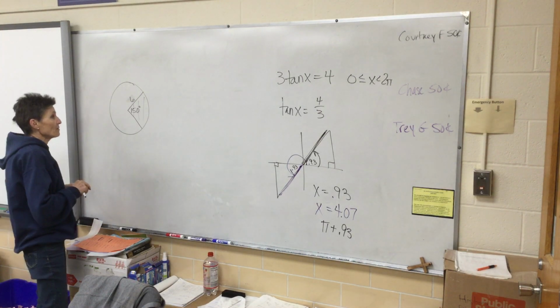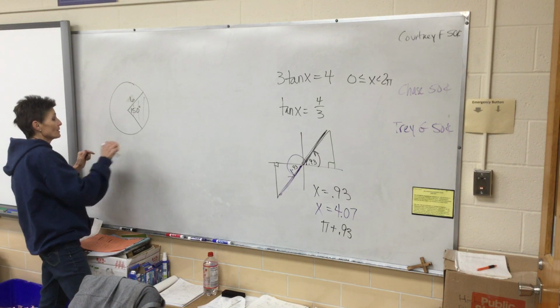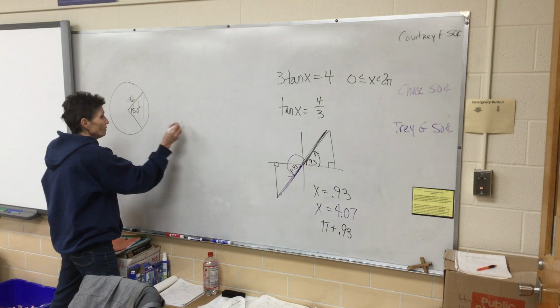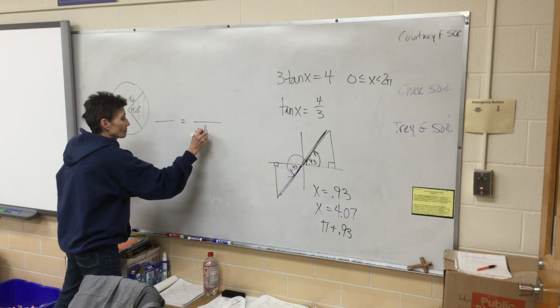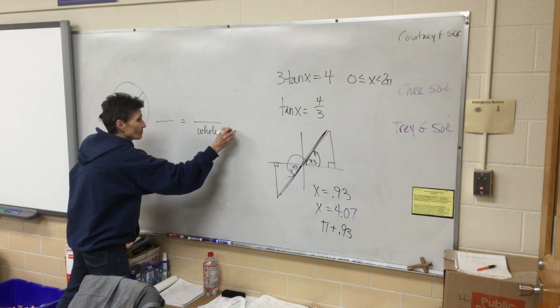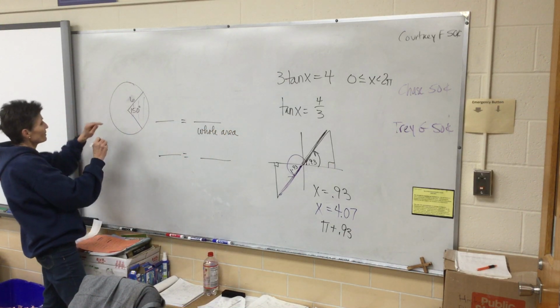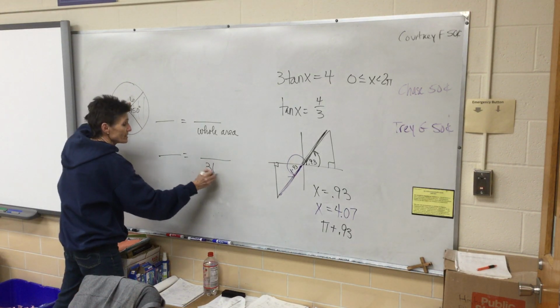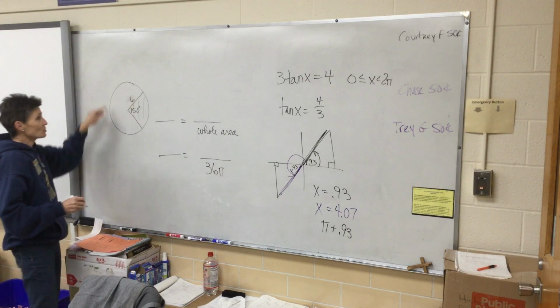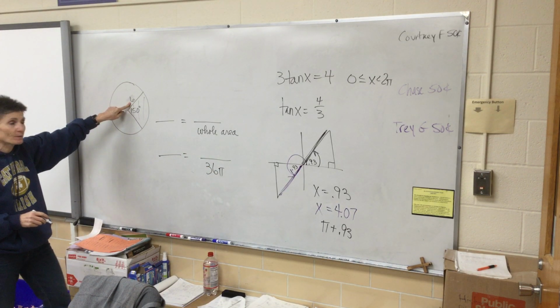And I know that the area of the whole is pi r squared, so it's 36 pi.